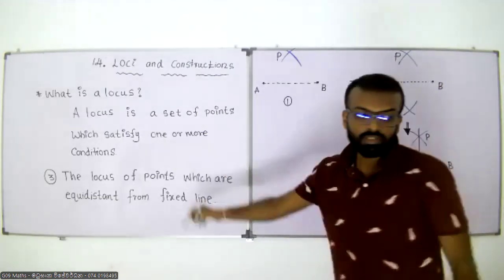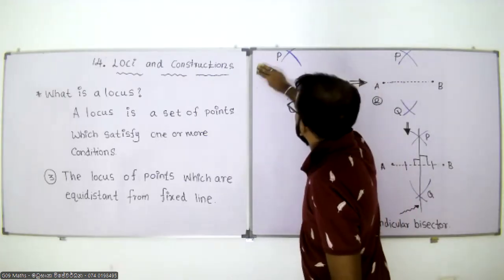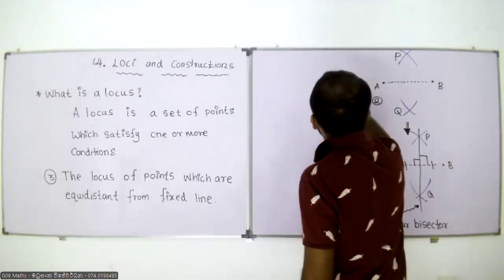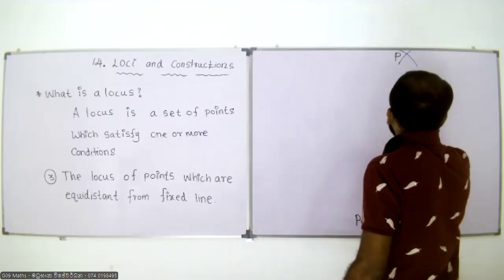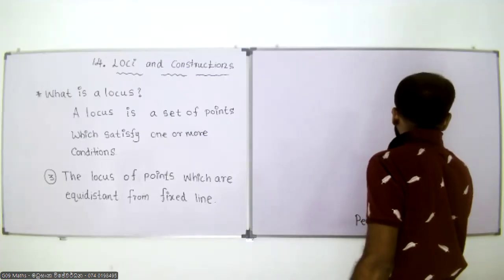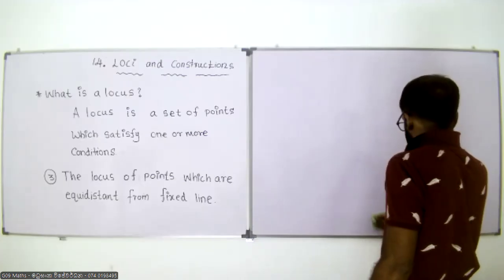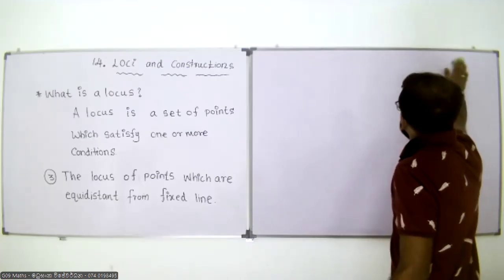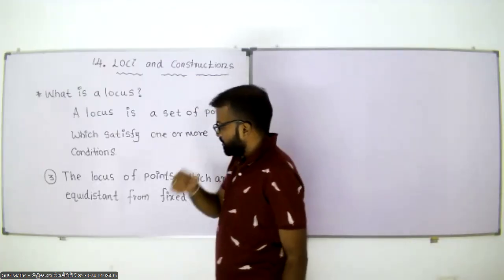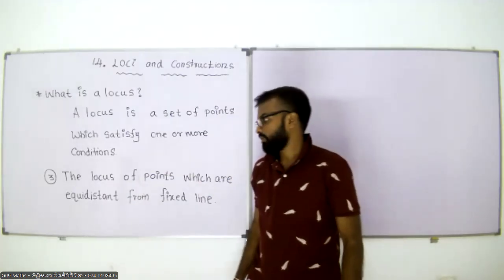First of all, I will explain this one. The locus of points which are equidistant from a fixed line.